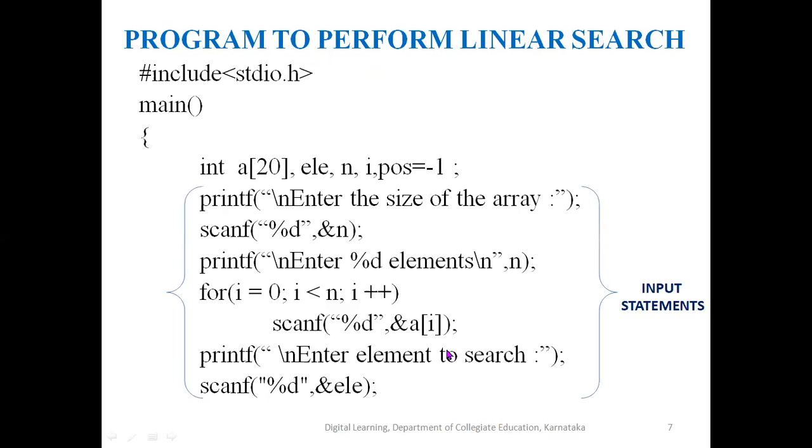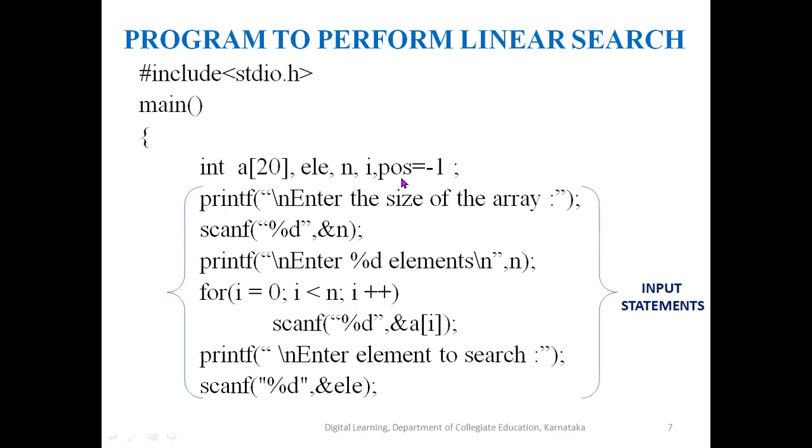Let us now see the program for linear search. We have the variables A of 20, where A is an array which can store a maximum of 20 elements. ELE is the element being searched. N is the size of the list, and I is used for looping purpose to keep track of the count.